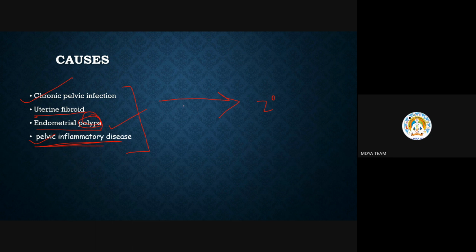If this is the uterus, and it has some fibroid-like structures, this is called uterine fibroids, the formation of fibroids in the uterus.